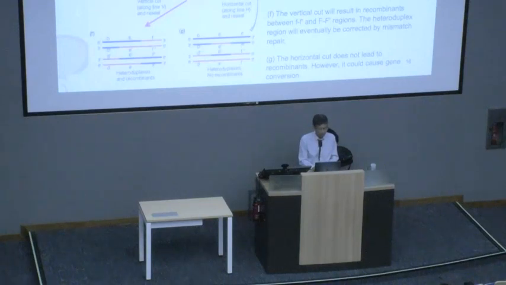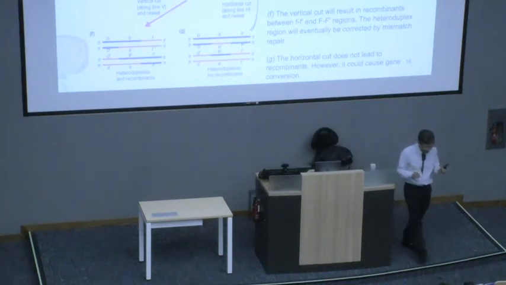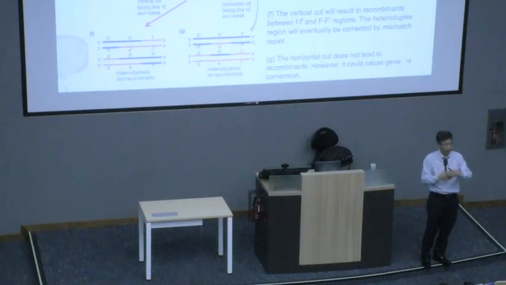In this example, you have a big E allele and a small e allele, and the strands get swapped. So there's this E coming down and this e going up. They create a region called a heteroduplex region. Heteroduplex region means that in this particular region, some nucleotides don't pair with each other.